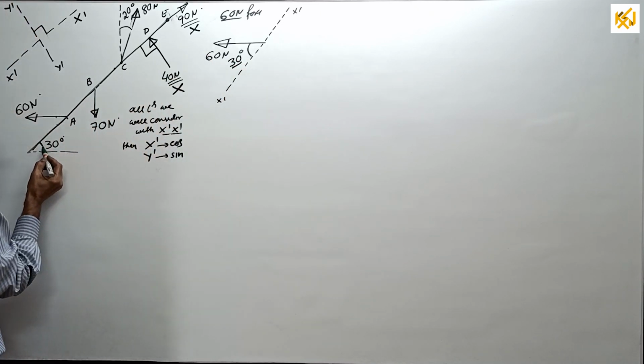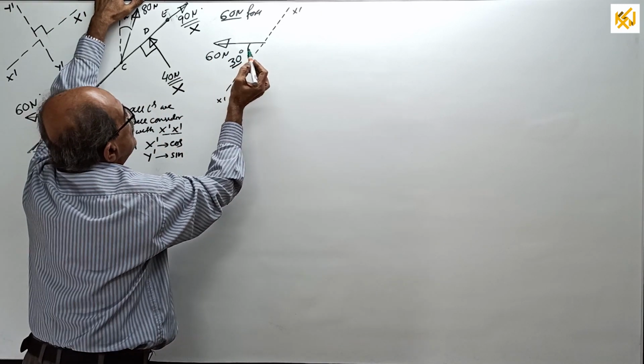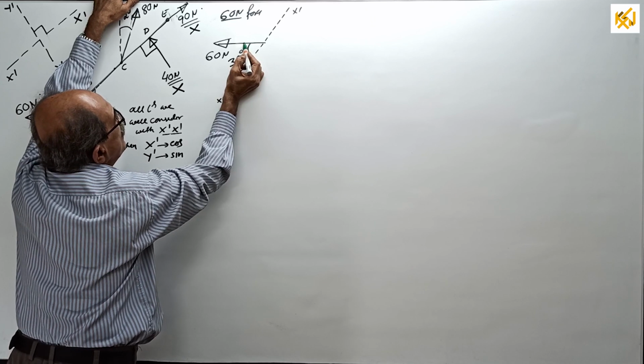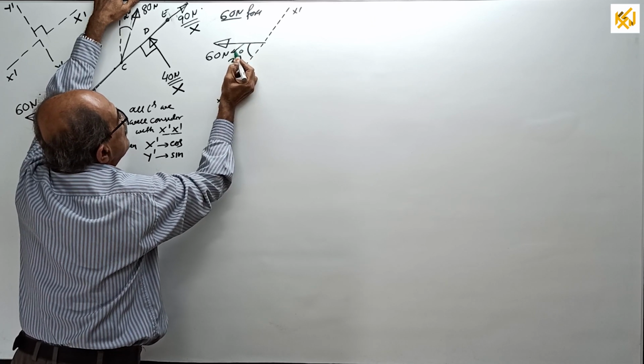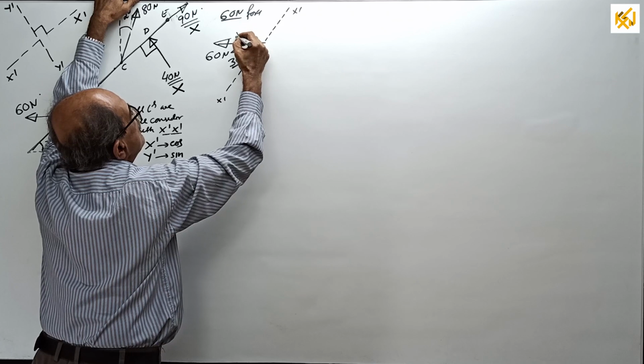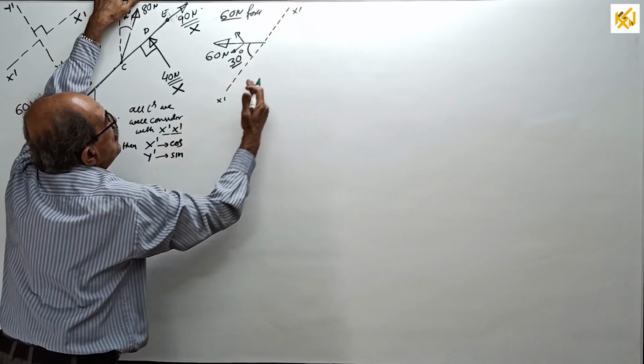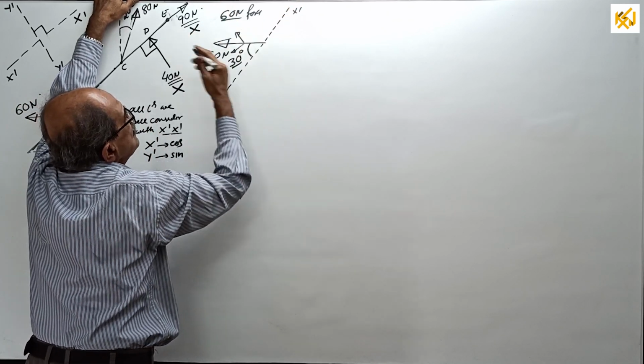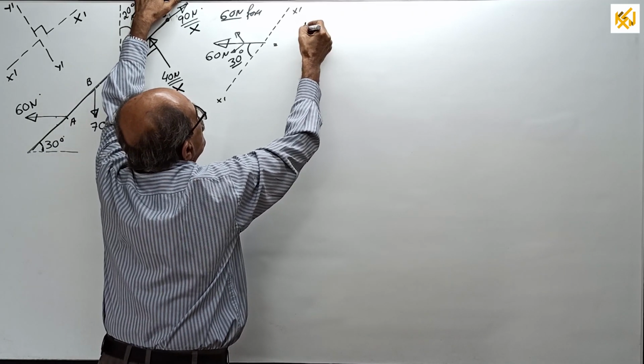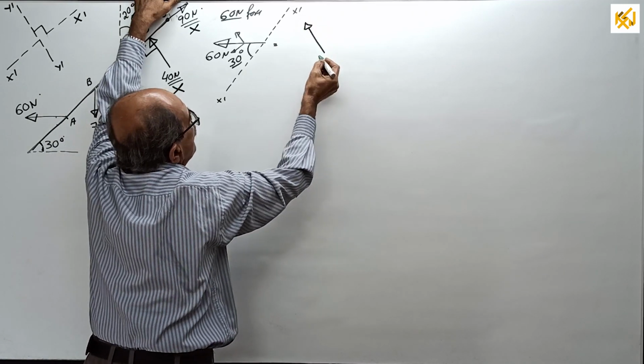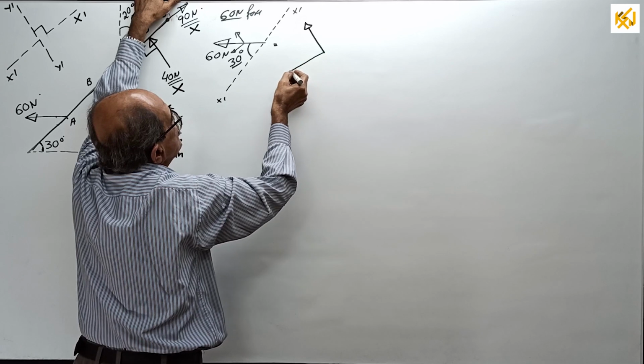30 means 30. Therefore, now, the resolution. One component will be like this, the other component will be like this. One along this way, normal this way, so that 60 this way equals one component like this and the other component like this.